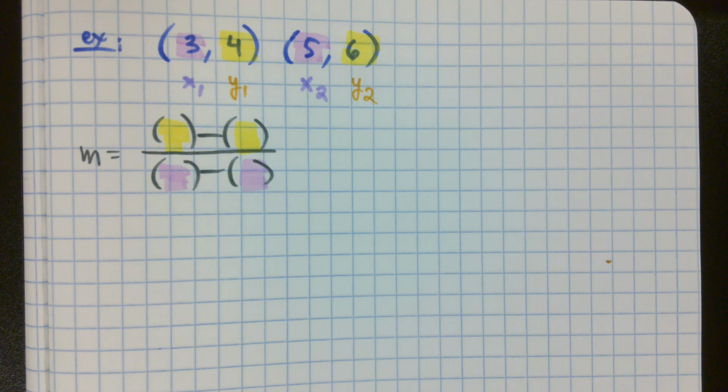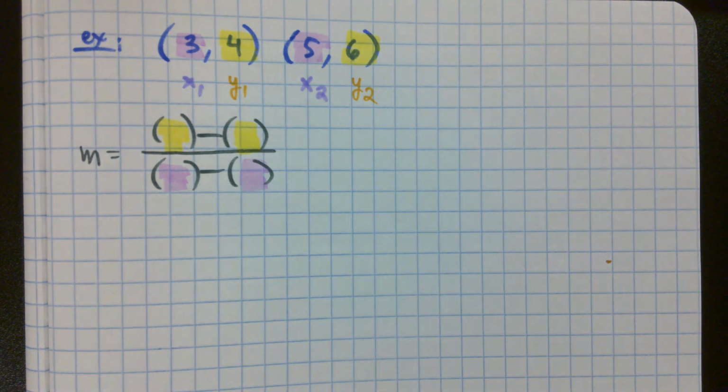How come the y goes over the x? I'm not sure exactly why, but it's a common theme whenever we're doing this slope stuff. Rise over run, that's the change in y over the change in x. At the very beginning of this unit, with the constant of proportionality, k, we brought up that phrase: y over x.